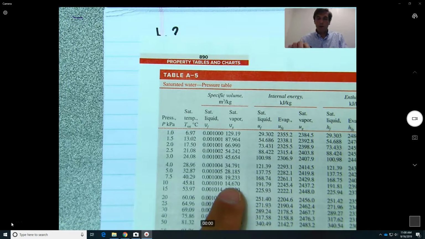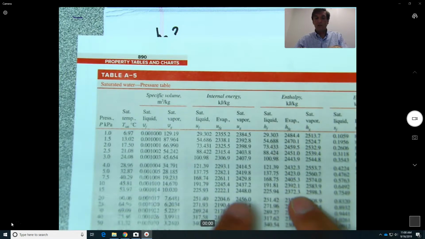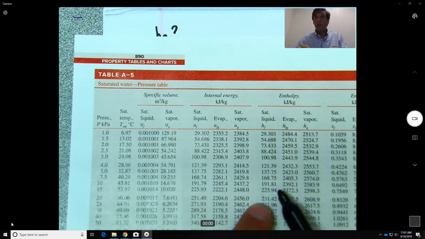all right, what I need to find is the H. So H fluid is 191.81. HFG is 2392.1. HG is 2583.9. The HFG is just the difference of this one minus this one.